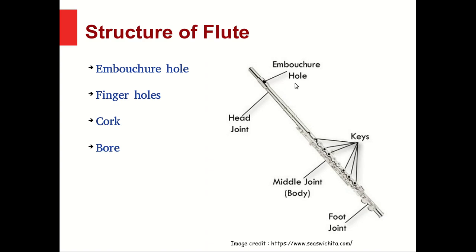Along with this embouchure hole, there are many holes in a flute. The opening or closing of these holes is controlled by the player. While playing a flute, a player can either open or close any of these holes as per the requirement.